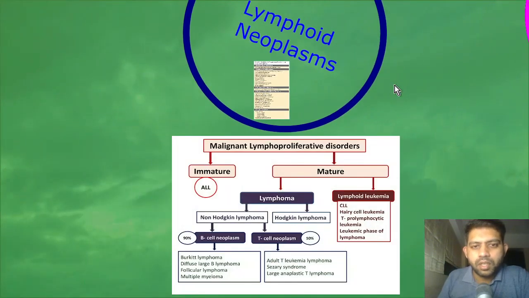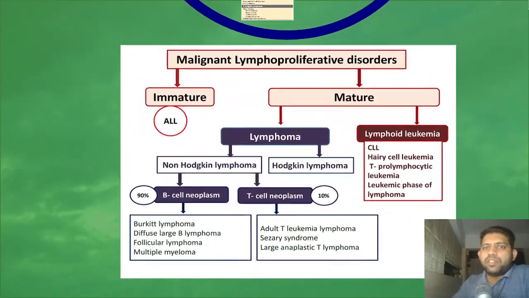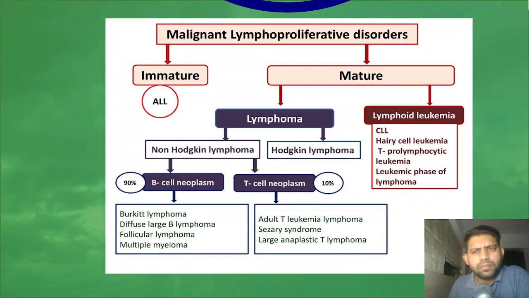Now, these malignant lymphoproliferative disorders can be divided into immature and mature, like we saw on the table. The immature ones, whether T or B, are both called ALLs.